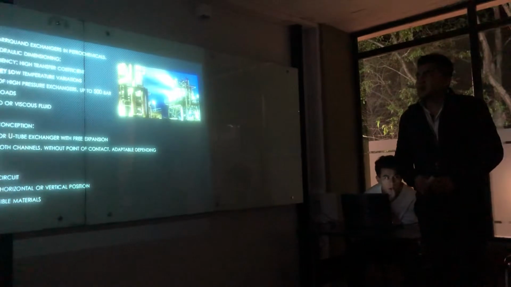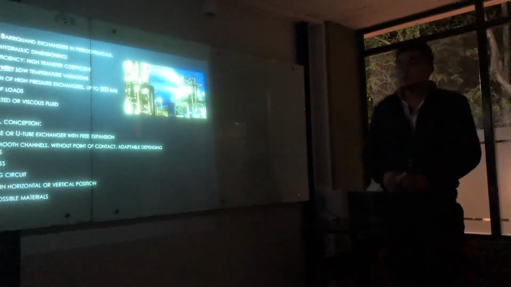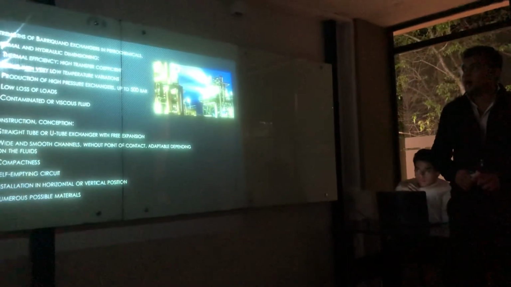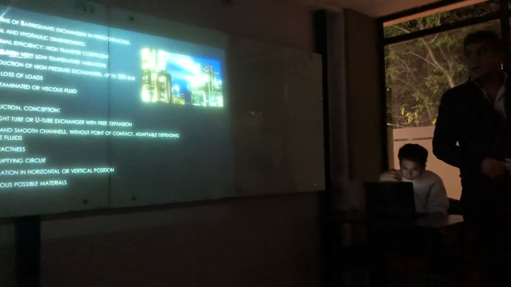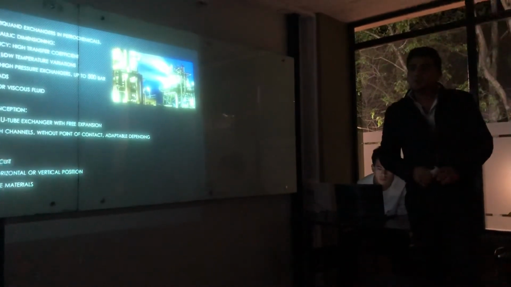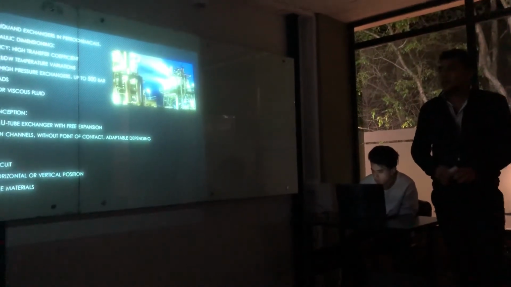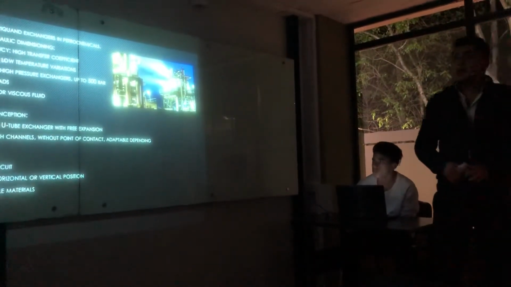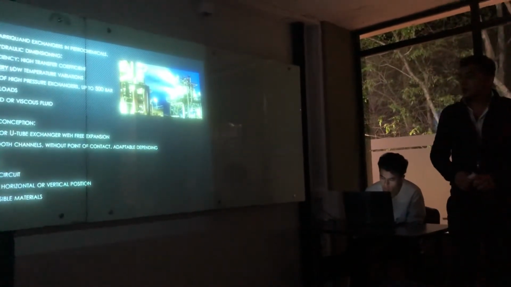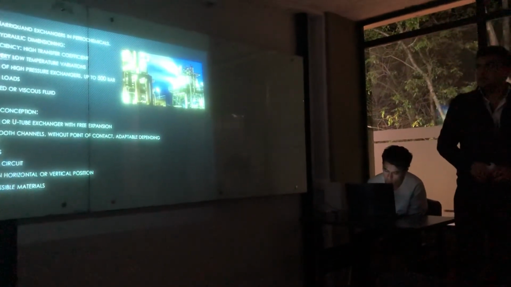Thermal efficiency, high transfer coefficient, sizing with very low temperature approach, production for high pressure, up to 500 bar, and design: straight tube or U-tube exchanger with free expansion, with wide and smooth channels, with no contact points between components, self-emptying circuit, and others.